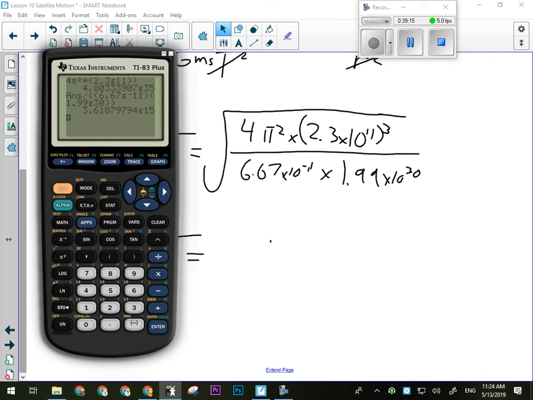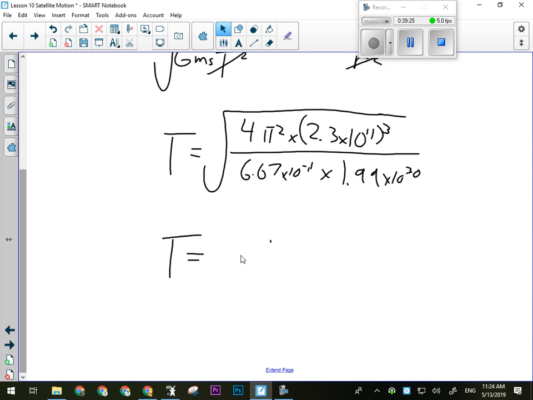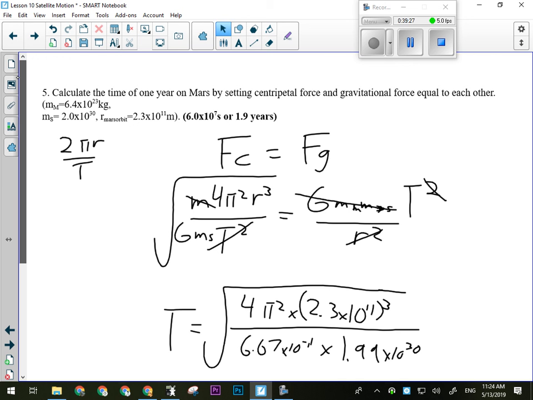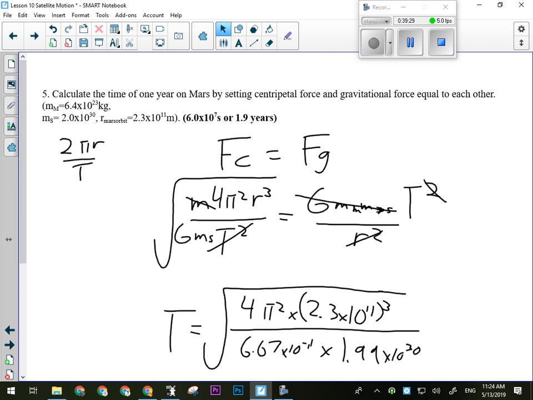And then I'm going to square root that. So there's the period in seconds. I think that's what they got, right? Yep, 6.0 times 10 to the 7 seconds, or 1.9 years.